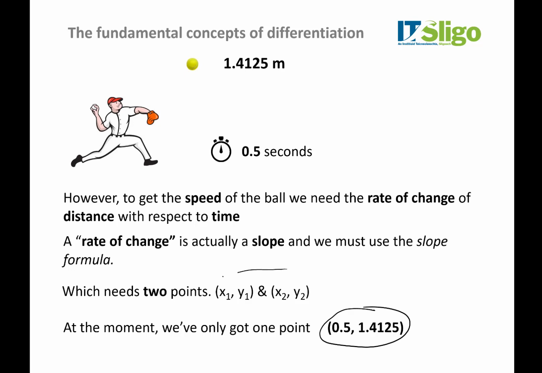So we've only got half of what we need. So what we're going to do is pick a time that's very close to 0.5 seconds, and then find the slope between this new point and the point we're really interested in, which is this one. Then we can be reasonably close to the answer. So we'll take a look at 1/100th of a second later.